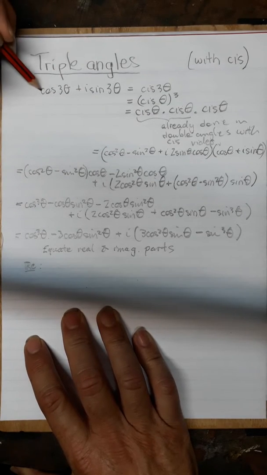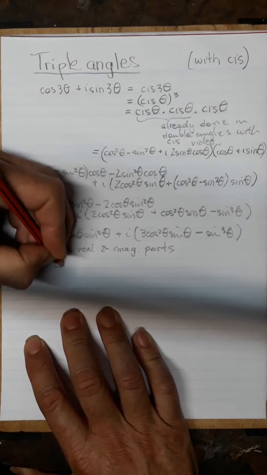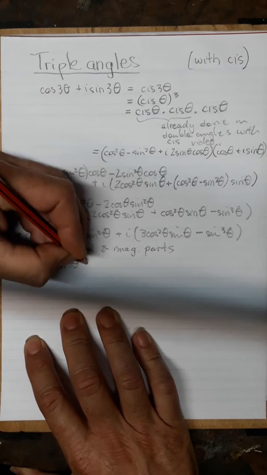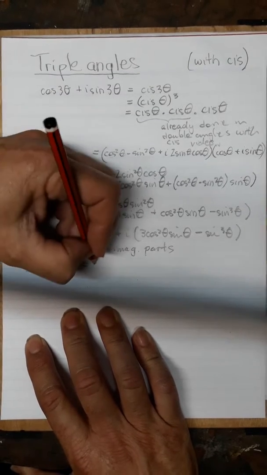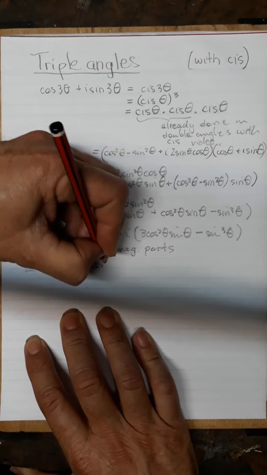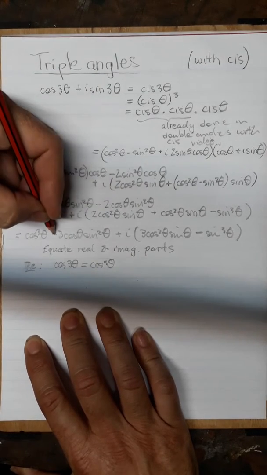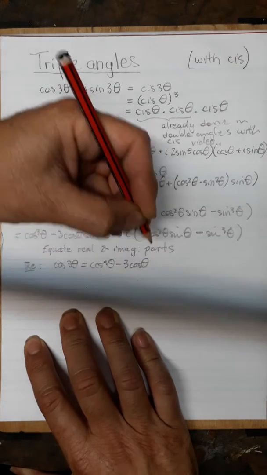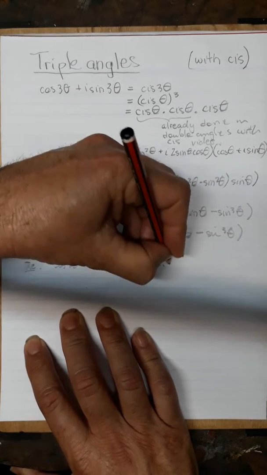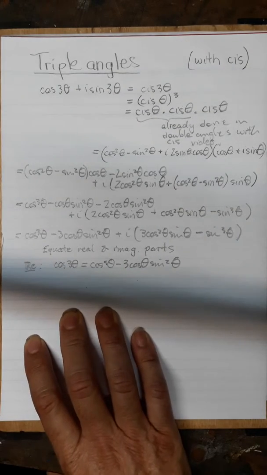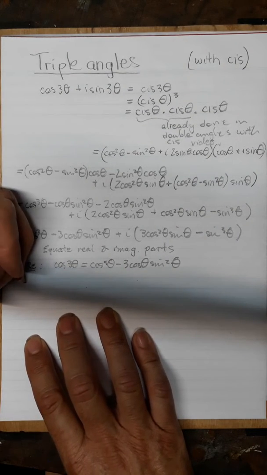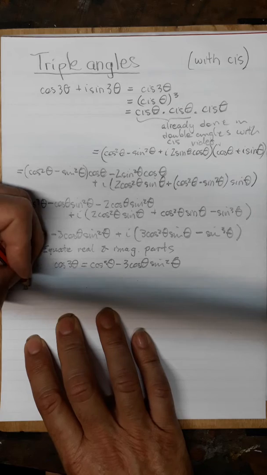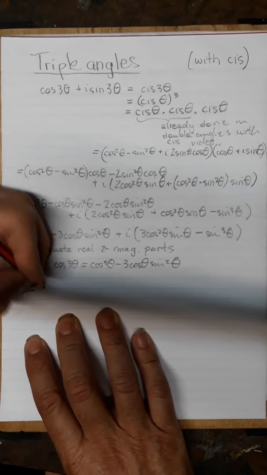We've got cos 3 theta equals cos cubed theta minus 3 cos theta sine squared theta. Great. And the imaginary parts, let's equate them.